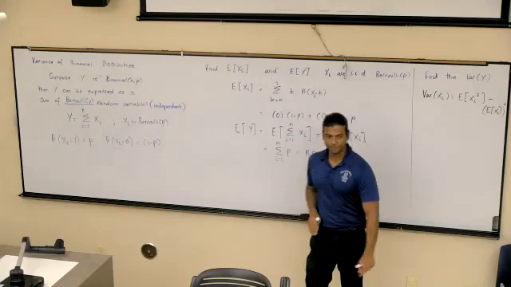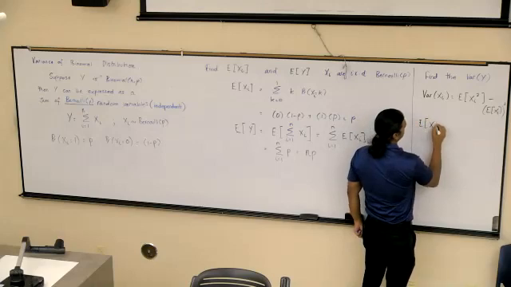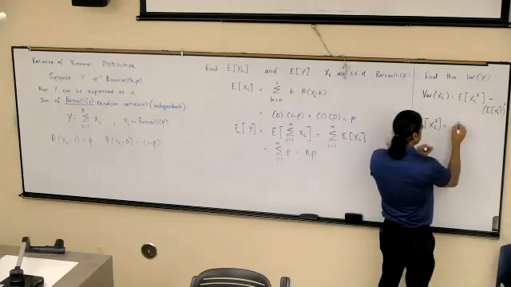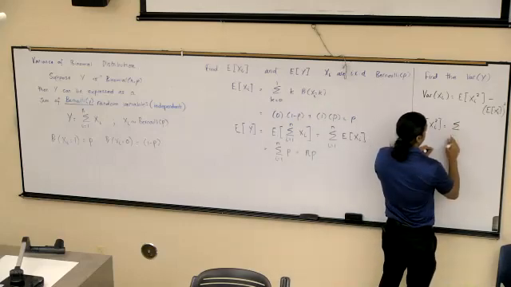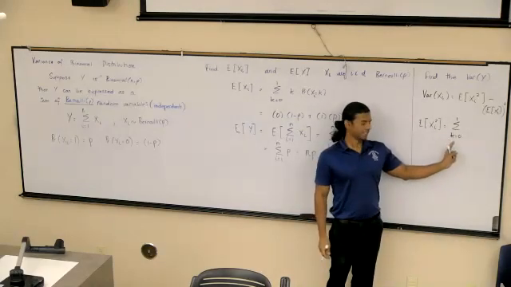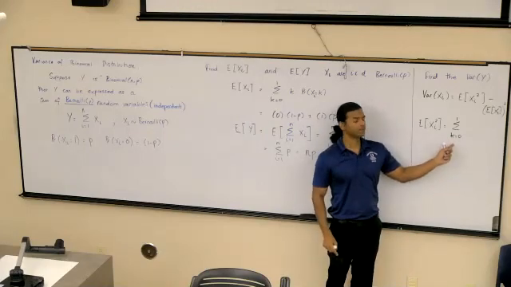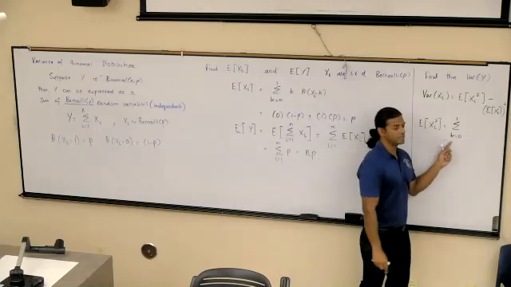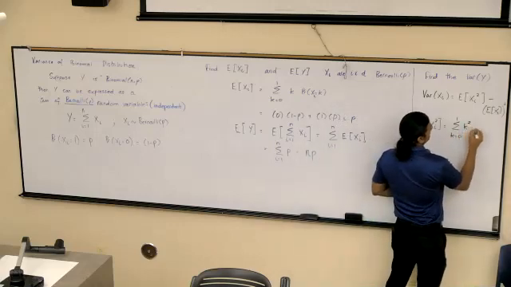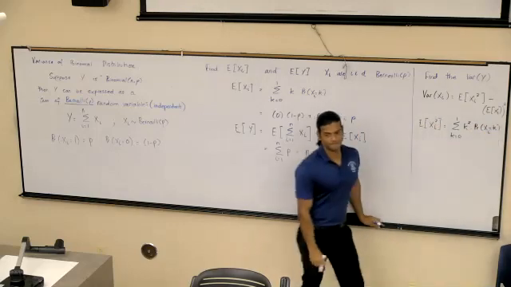We found it over here, so that part is easy. We just have to find the expectation of xi squared, which, using the definition of expectation, is the sum over all possible outcomes of the random variable. In this case, all possible values for Bernoulli, just 0 and 1: k squared times the probability that xi equals k.